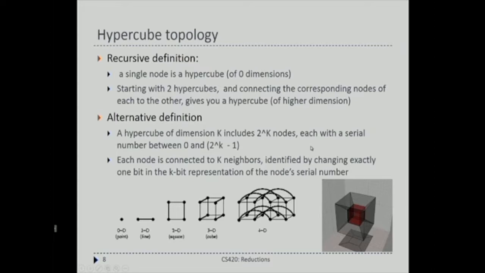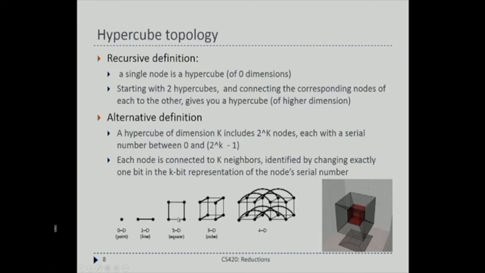For example, a 1D hypercube: you put together two 0D hypercubes and connect their corresponding ones, only one element. If you take a 2D hypercube, you take this 1D line and another 1D line, and connect the corresponding elements.